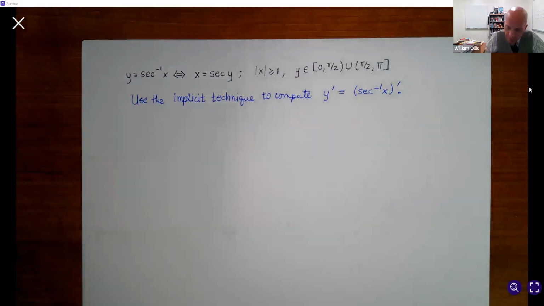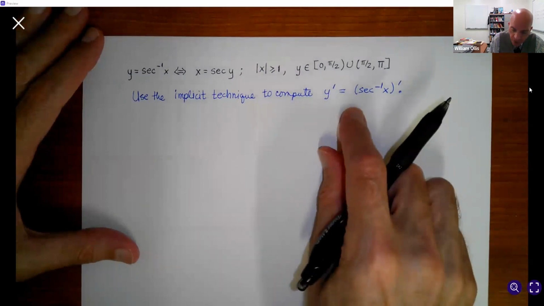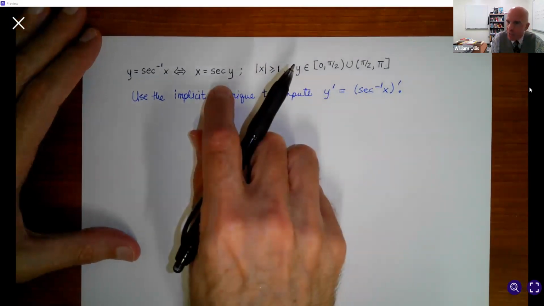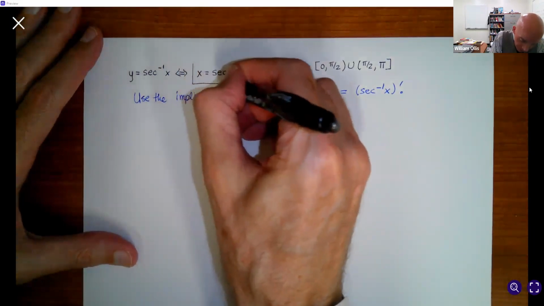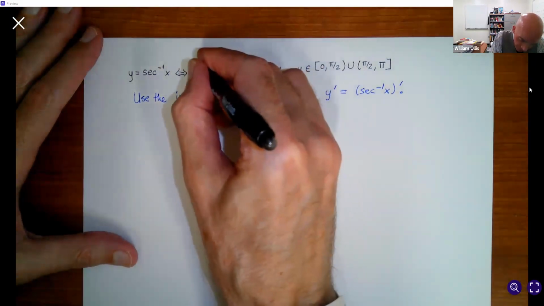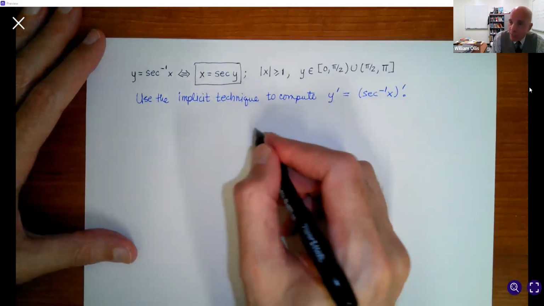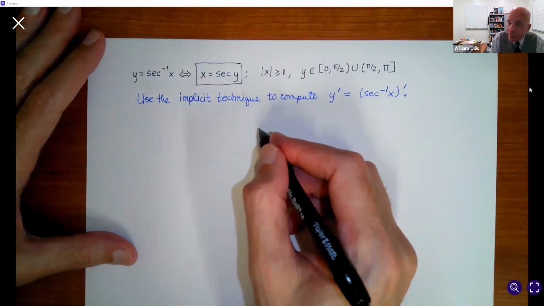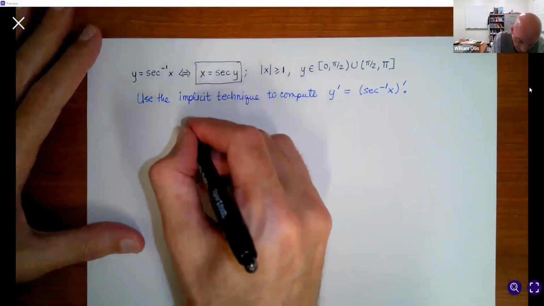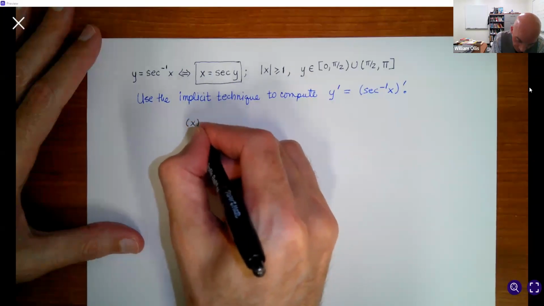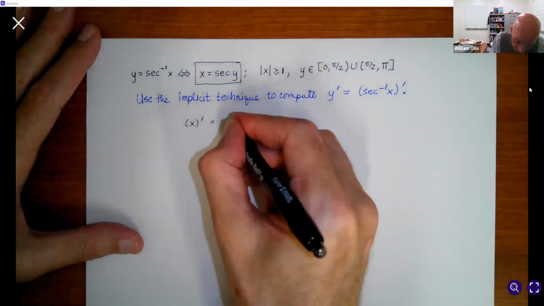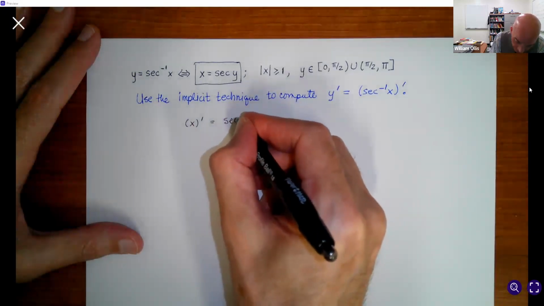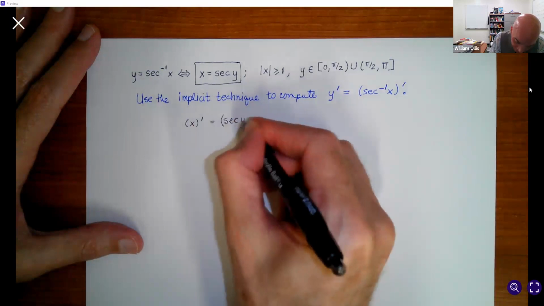So when we think about this, we're happy to look at this equation in a different manner. So now we'll just focus on this equation and differentiate. I'll go ahead and write it as differentiating an equation. So we'll have x prime equals secant of y, prime.